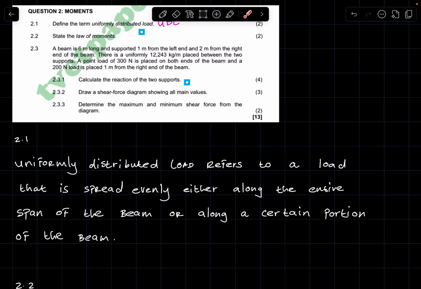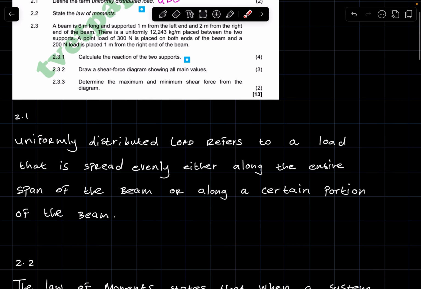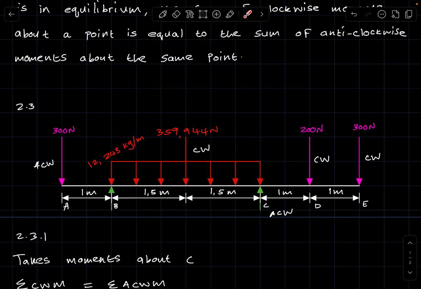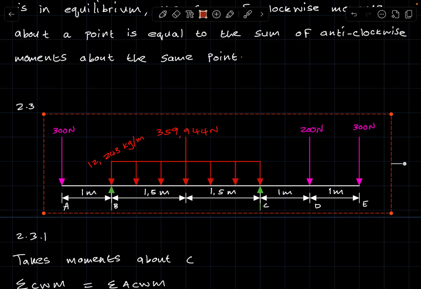Now let's look at 2.3.2. Draw a shear force diagram showing all main values. Now this one is going to be very important as well, so pay attention, so that you know exactly how to draw, or at least you get familiar with the guidelines of how to draw a shear force diagram.